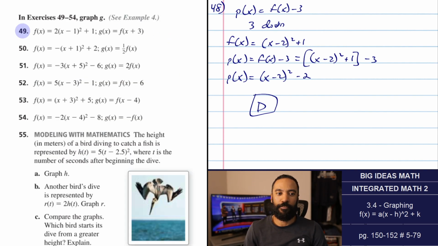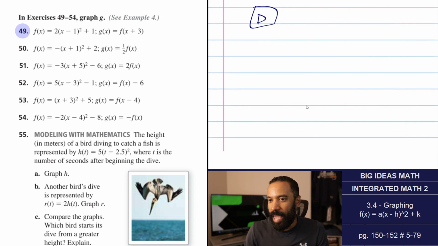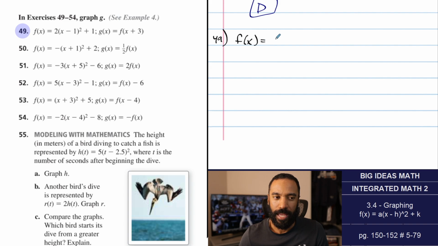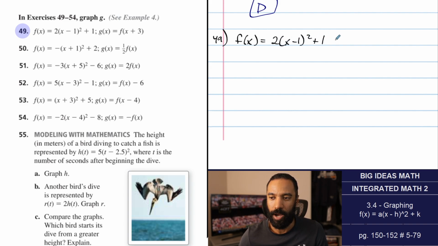Numbers 49 to 54, we are going to be graphing g. So I am not going to be graphing f, but I'm going to copy down the material. f of x equals 2 times x minus 1 quantity squared plus 1. And then g of x is f of x plus 3.